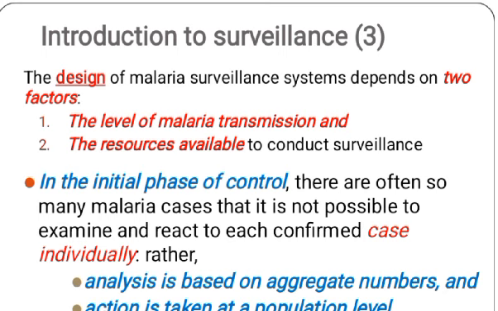Rather, analysis is based on aggregate numbers and action is taken at population level. As transmission is progressively reduced, it becomes increasingly possible and necessary to track and respond to individual cases.